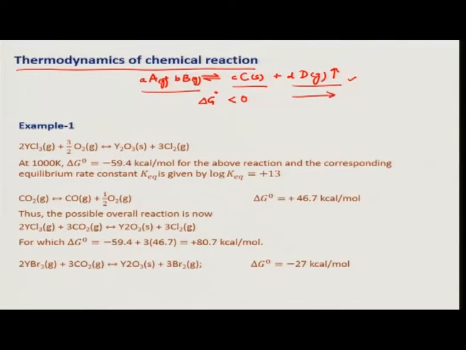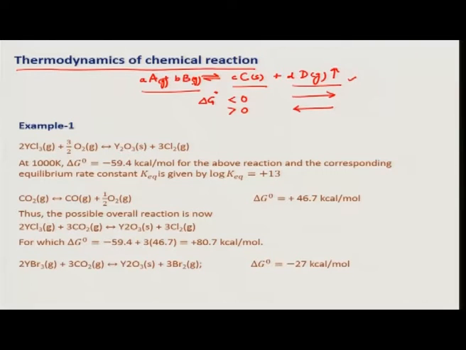So, more reactants will react to give you product. If delta G for this reaction is greater than 0, then a reversible reaction would happen. So, you will not get more reaction, you will get less reaction, and your reactants will remain as reactants, they will not react to give you product.